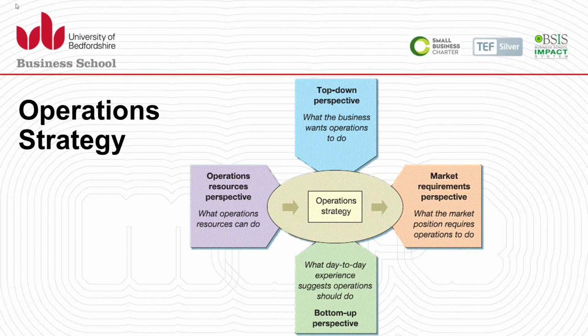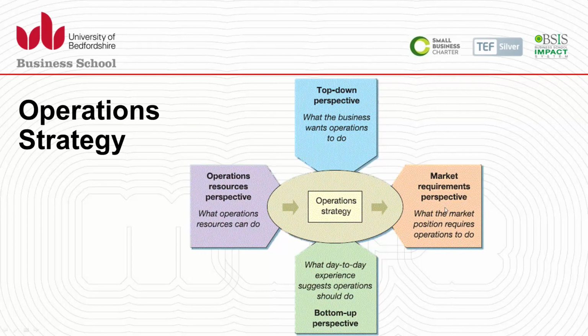You can see in this graphical illustration that we look from the perspective of resources. So we can look at operation strategy from the perspective of resources or from the perspective of market. In the context of operation resources, that means what operation resources can provide and do for achieving the operation strategy, from the left end.